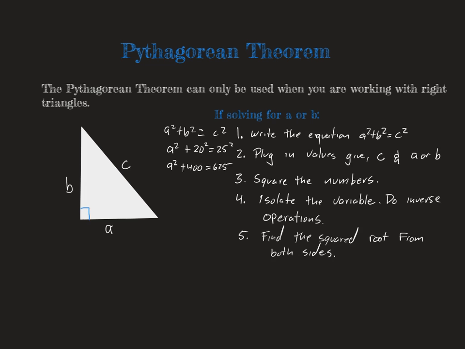So that's when we squared our numbers. And then we need to isolate a. To isolate a, we're going to subtract 400 from each side. And that gives you a squared is equal to 225. And then you find the square root of that, and you get a is equal to 15.